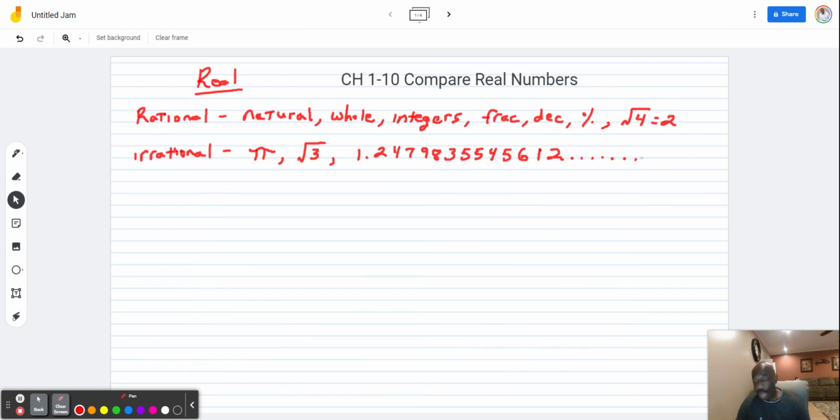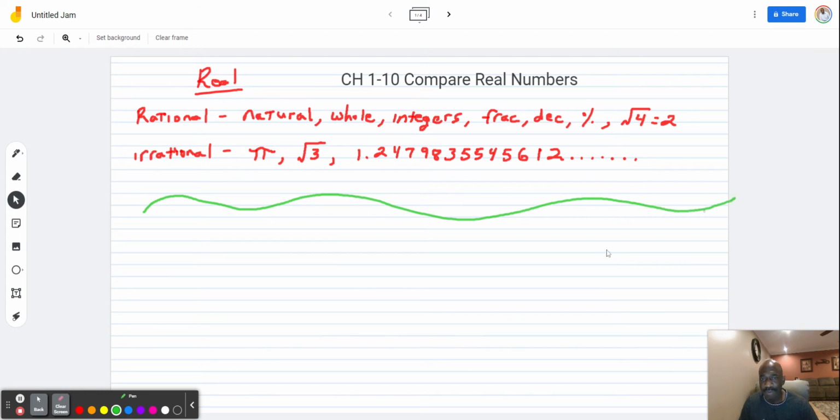So now, in this lesson, you got to be able to identify what number is greater than another number. So let me draw a line here and separate the two. All right. So let's take an example like the square root of 7. And I want to know if that's greater, less than, or equal to 2 2/3.